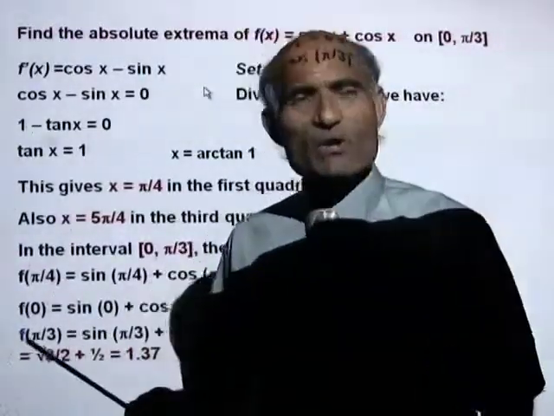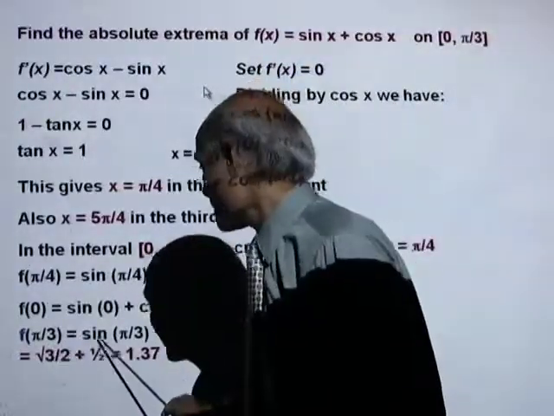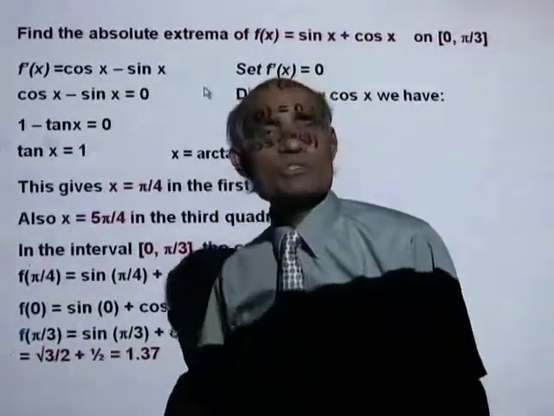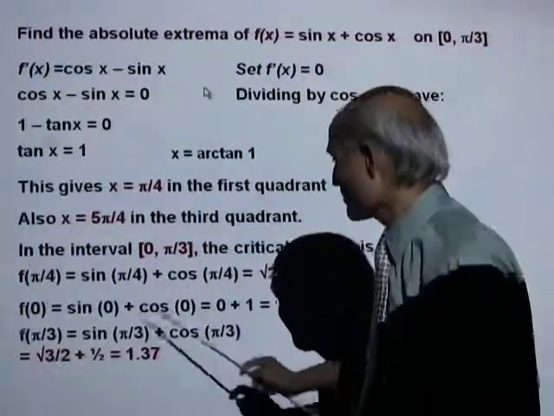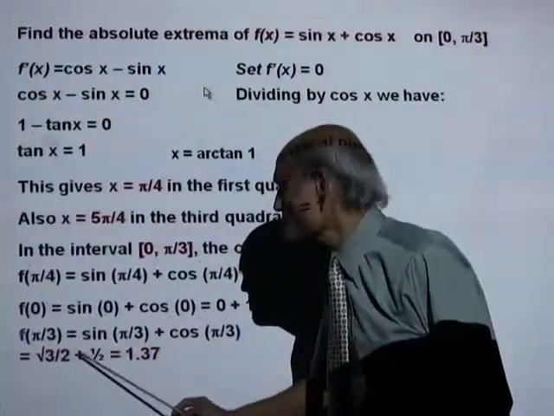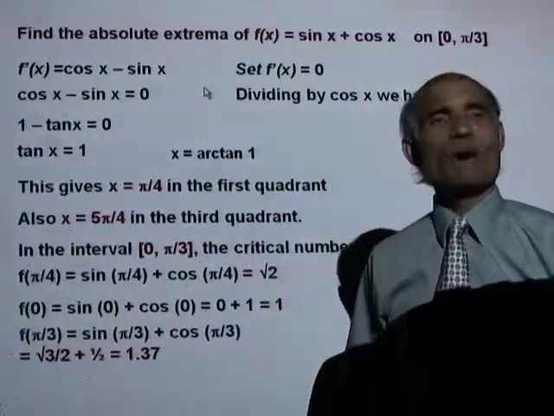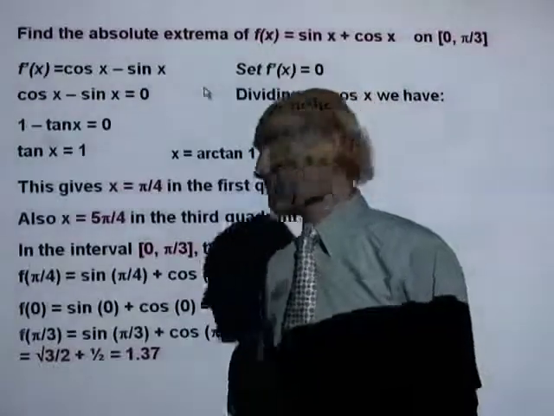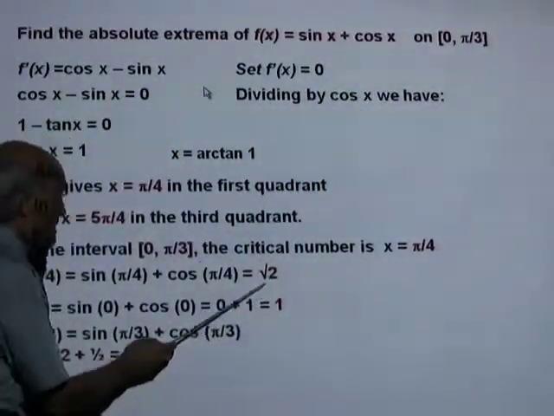So write them down as many times as possible. Sine of pi by 3 is root 3 over 2. And cos of pi by 3 is 1/2. So it'll be root 3 over 2 plus 1/2. And that's approximately 1.37.